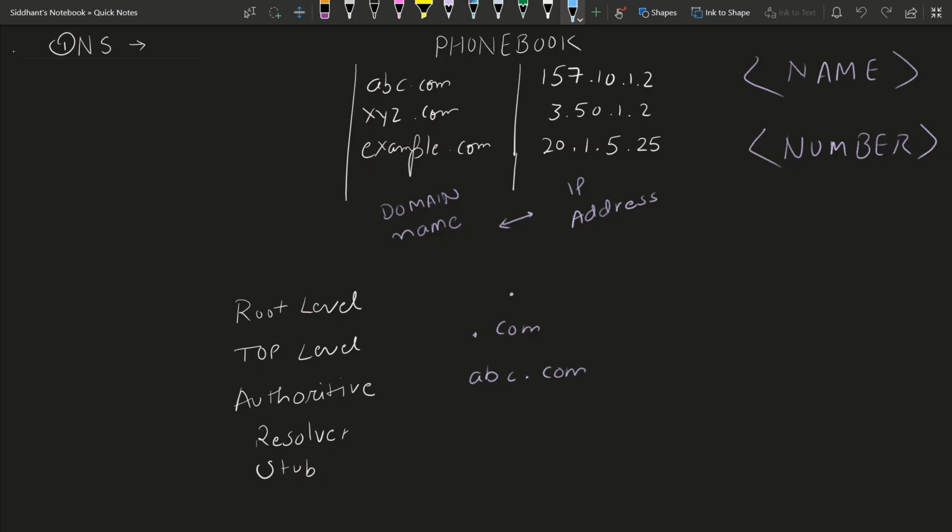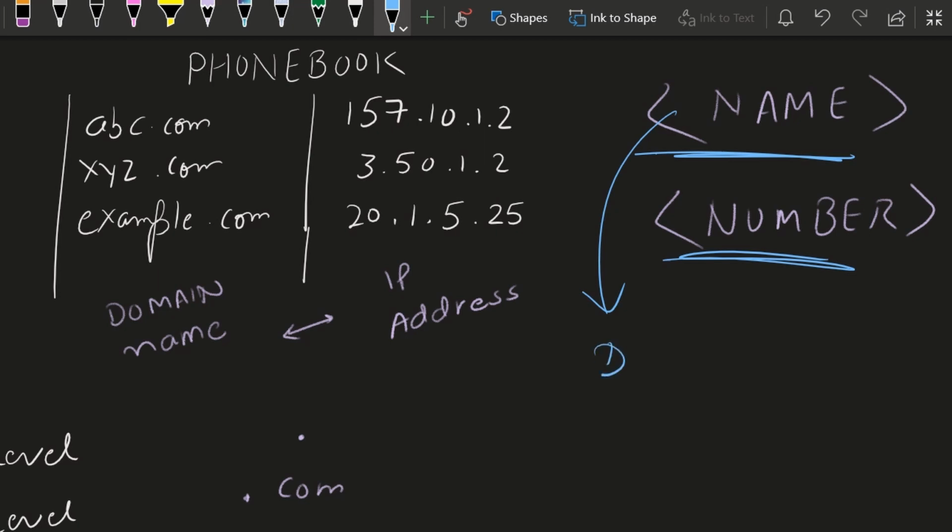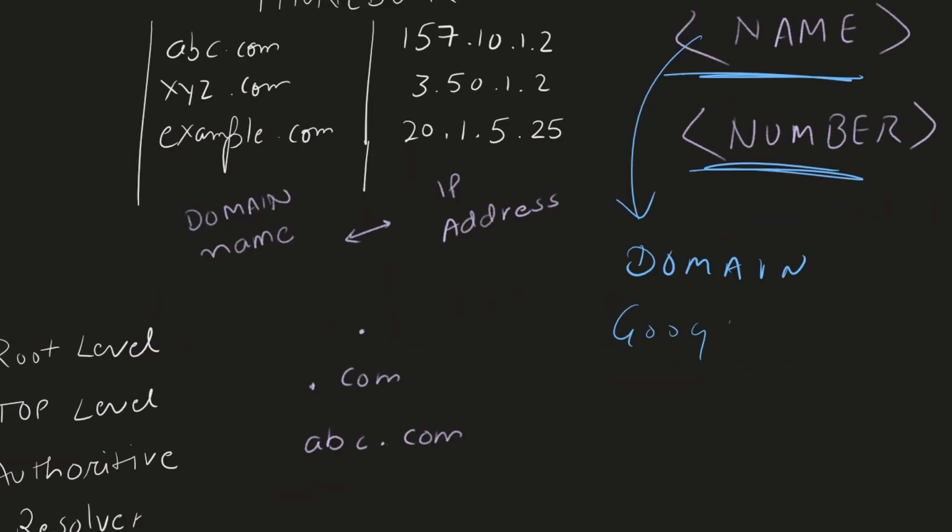Whenever anybody asks you what DNS is, you should really think about two things. One is name and the second one is number. By name I mean a domain name or a website name like google.com or facebook.com or amazon.com, any domain name. And by number I mean an IP address.